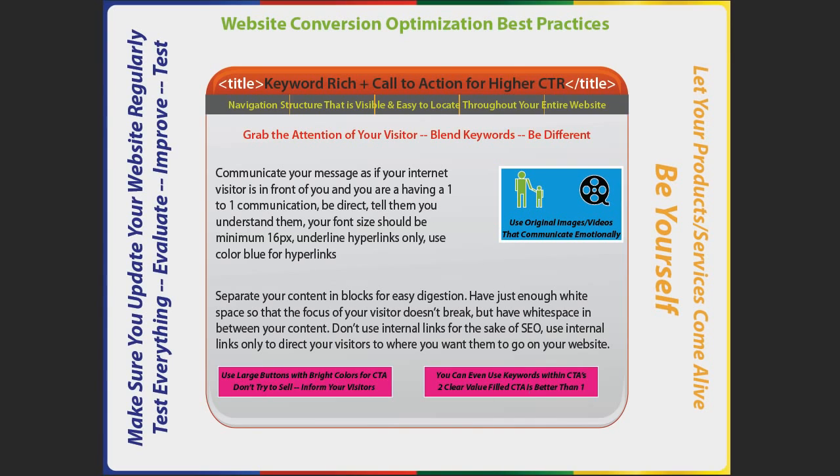But at the end of the day, don't try to sell. People are not stupid. You're not stupid. I'm not stupid. We're just common people. If that's the case, you don't need to try and sell. All you do is inform your visitors of your products and services. Once you do, they'll do the buying from you.